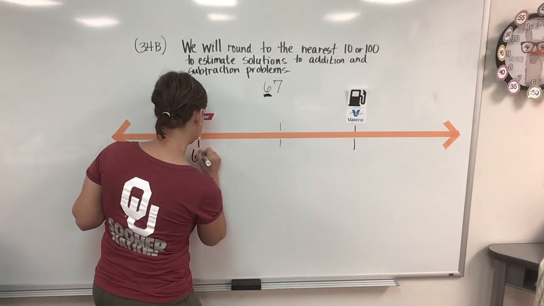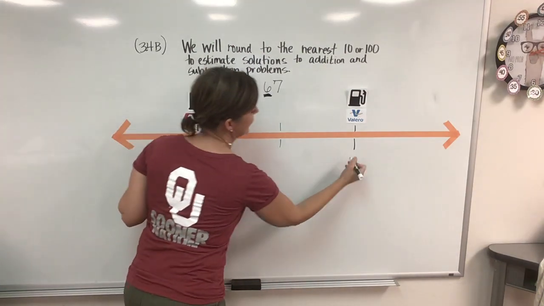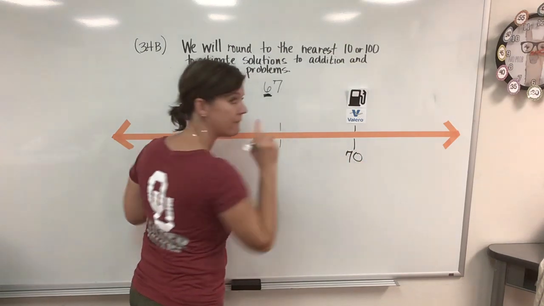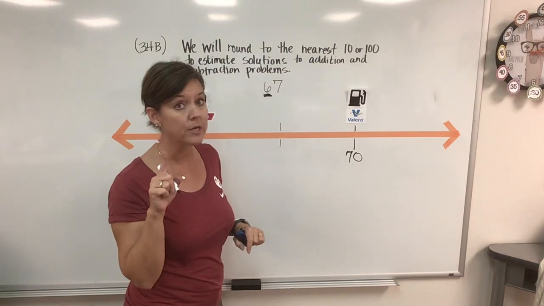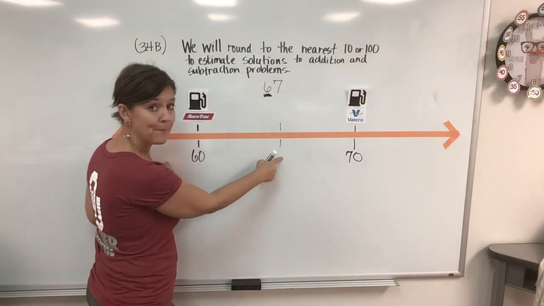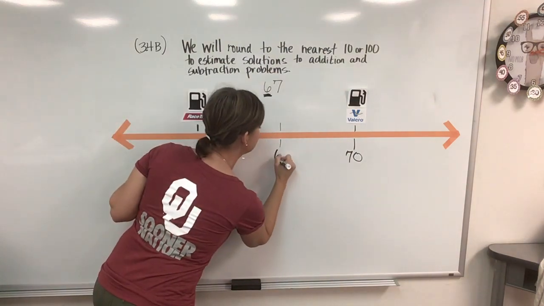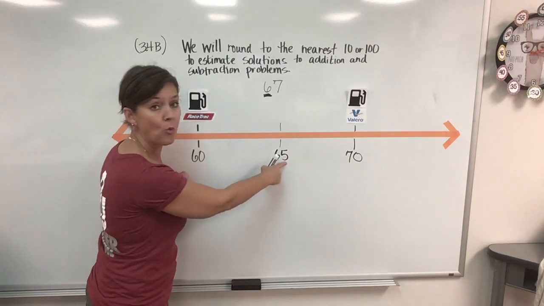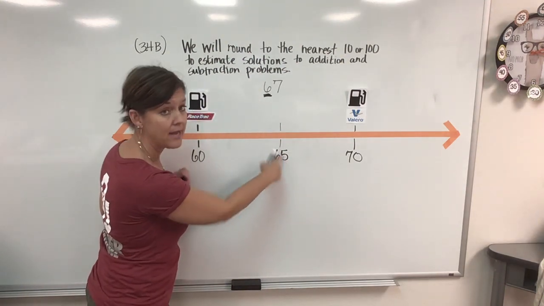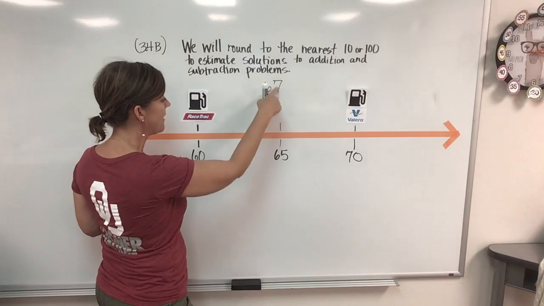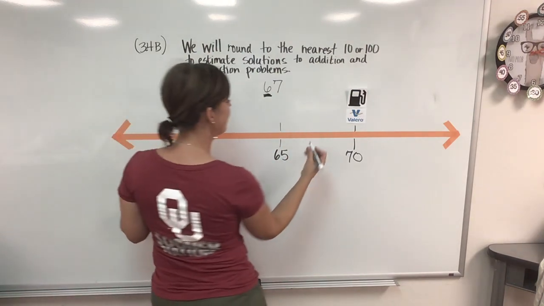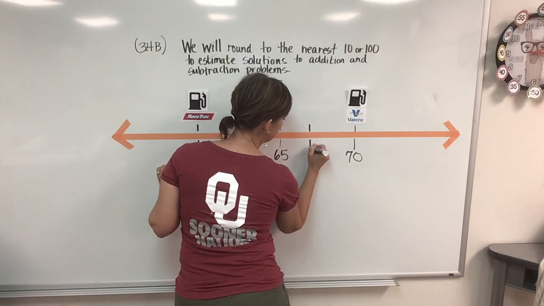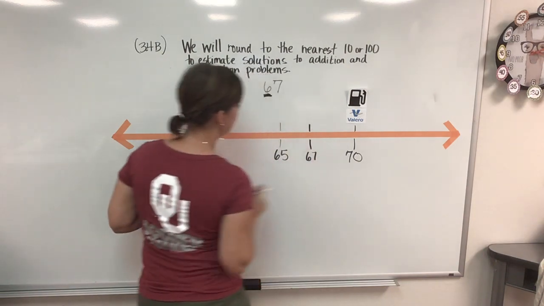So it's 60. And then my next 10 is 70. 50, 60, 70, 80. That's the scale we're using. Halfway in between is 65. It's always a 5, okay? So now I'm going to say, okay, where is 67? Well, 65, 66, 67. 67 is going to be close to halfway right here.